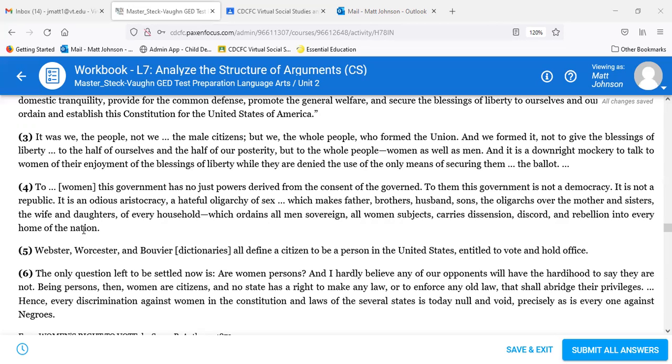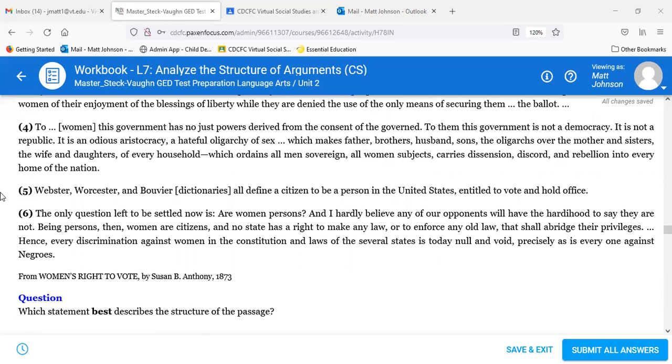Webster, Worcester, and Bouvier, those are all dictionaries, all define a citizen to be a person in the United States entitled to vote and hold office. The only question left to be settled now is, are women persons? And I hardly believe any of our opponents will have the hardihood to say they are not.